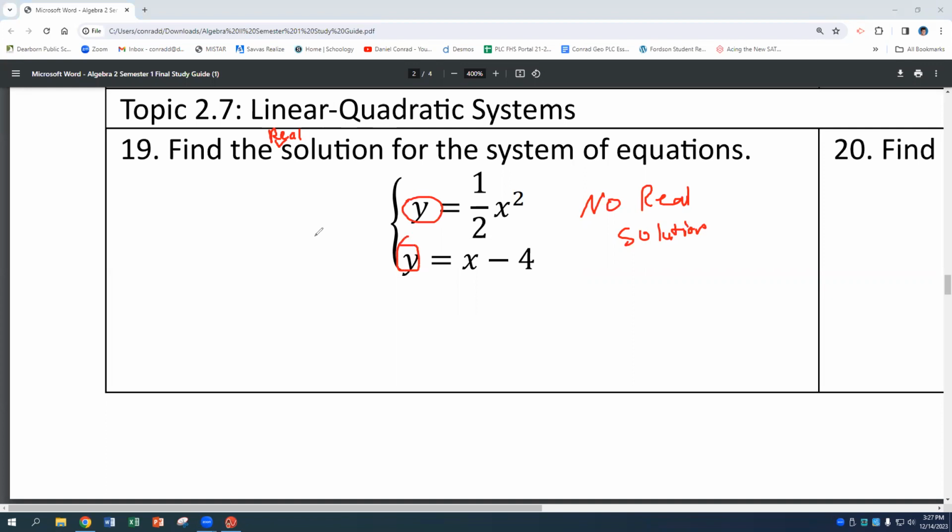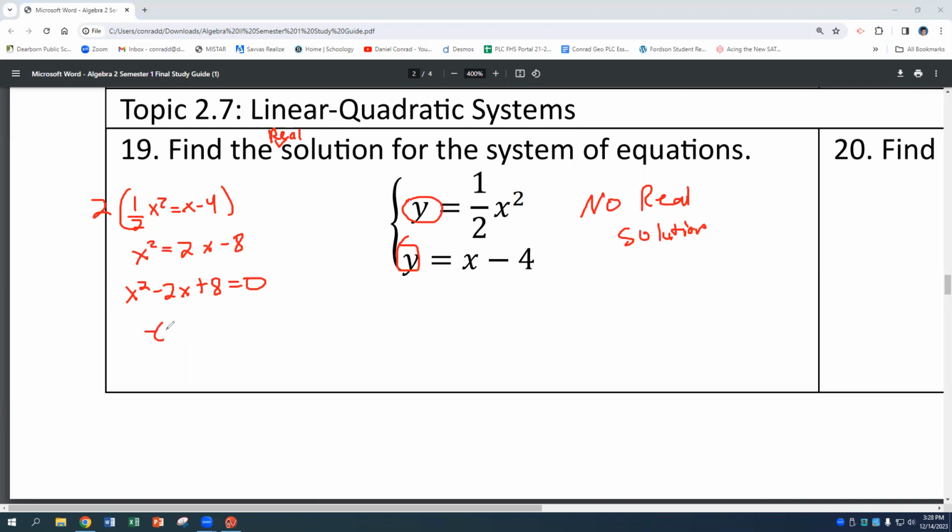Okay, the other way you could do this is substitution, right? They're both equal to y, so you could have also done 1/2 x squared equals x minus 4. If you multiply everything by 2, you're going to get x squared equals 2x minus 8. You move everything to one side, we get x squared minus 2x plus 8. Okay, you can't factor this, so you'd have to try and use the quadratic formula.